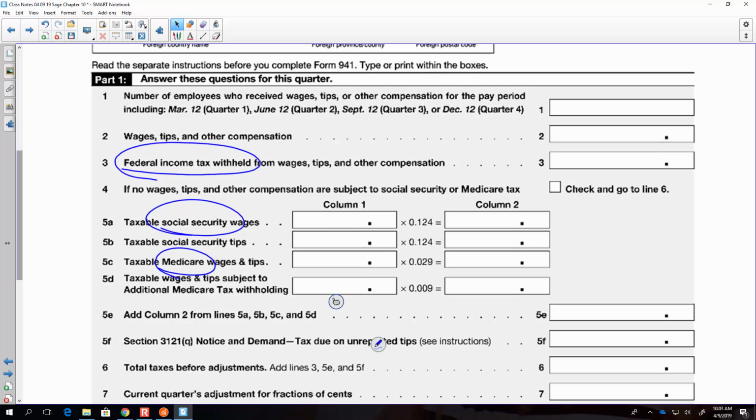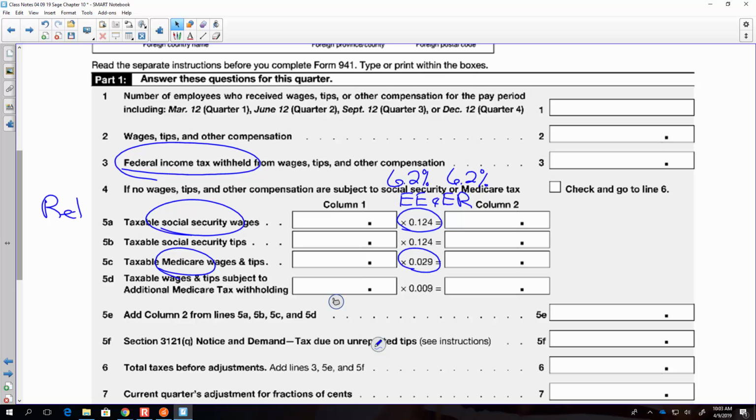The withheld amounts from the employee's paycheck, and the employee and employer portion of Social Security and Medicare. Remember, there's 2. So there's 6.2 for the employee, and 6.2 on the employer. It's a matching, right?